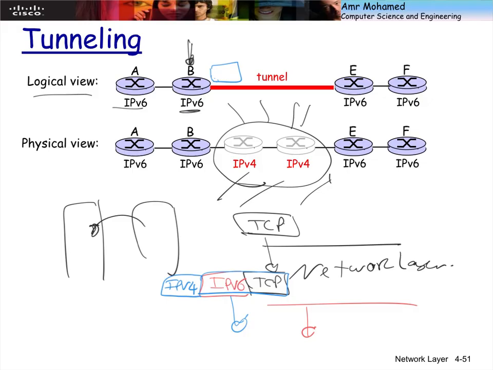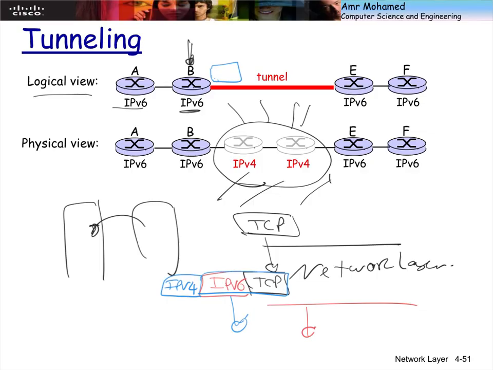So using layer isolation, which we talked about as part of the protocol stack, are we affecting Ethernet or wireless in any way? For Ethernet, for anything underneath, this is transparent, right? We're not going to affect them in any way. So we just need to do this extra encapsulation.